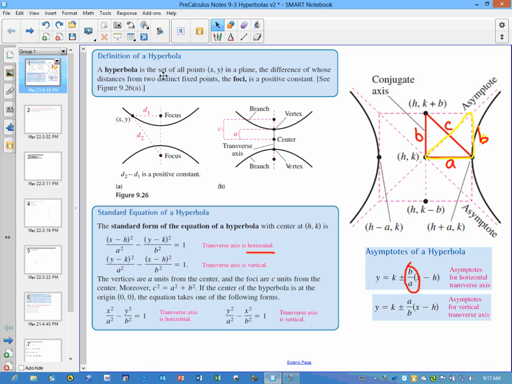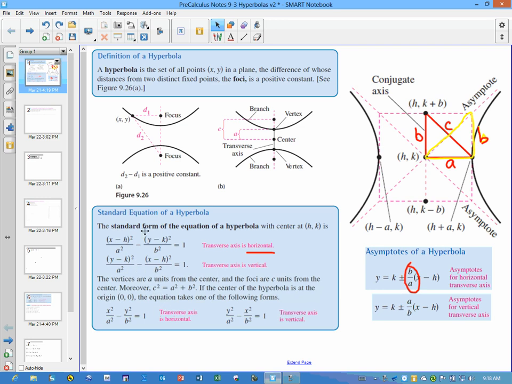However, with the hyperbola, the A and B are going to stay where they are, and the A still represents from center to vertex, and the flip-flop actually occurs with the X's and the Y's, and it's the entire parenthesis. Notice how the H stays with the X and the K stays with the Y, but since we have subtraction, the order of the subtraction is what matters.